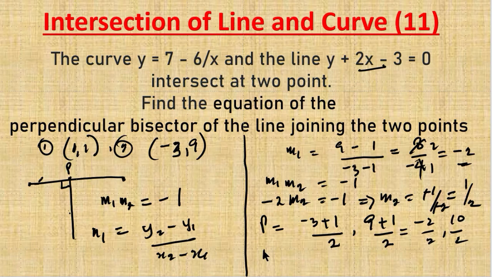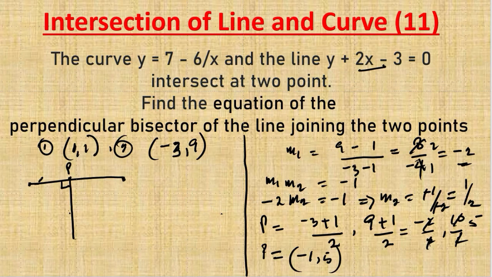So point P, where it hits the line, is at the point minus 1 and 5. I have gotten the point P to be at minus 1 and 5, and I have gotten the gradient of this line to be half.